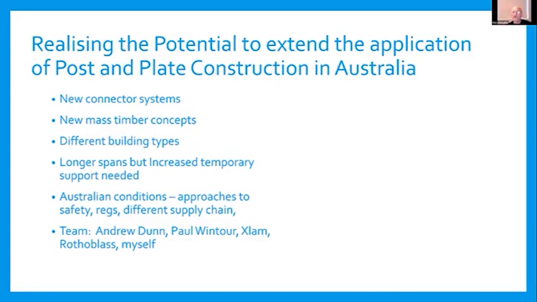We were looking at new connector systems. We used a number of them, but because of time constraints today, I'll just focus on the Rotoblast Spider connector. There are some new mass timber concepts. One of those was the band beam system that Katie just spoke about. We wanted to apply it to different building types because even though Brock Commons worked well for student housing, it's a very small column grid, and so quite restricted.